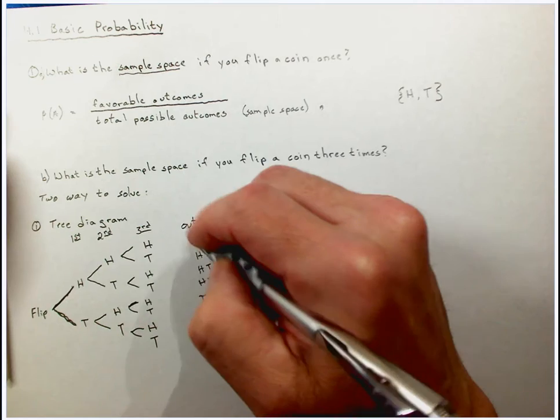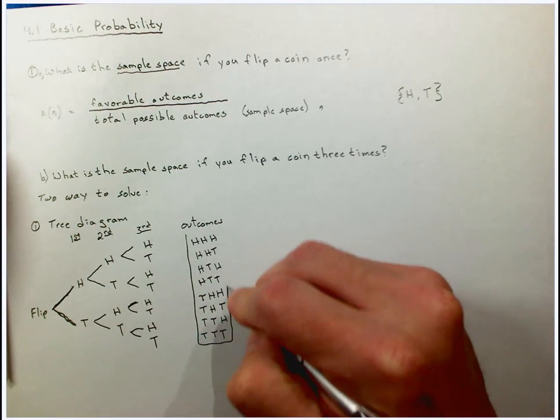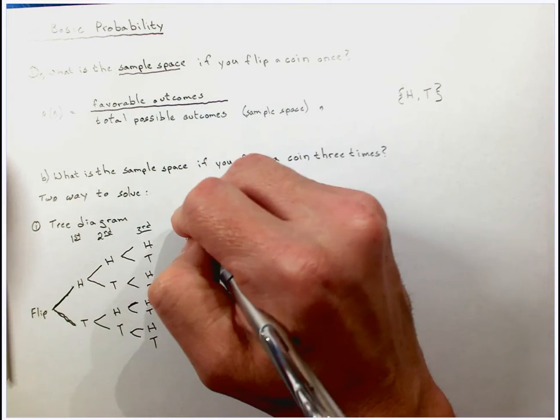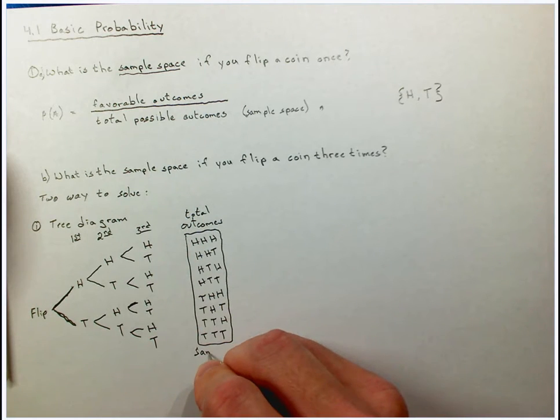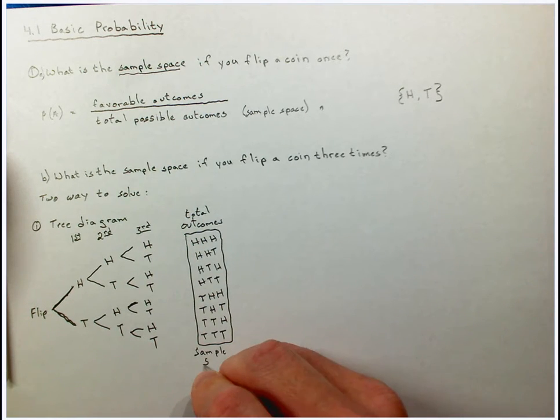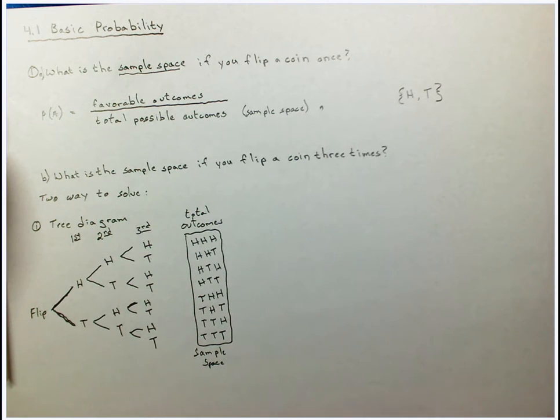So that's the first way, and these are my total outcomes. This is my sample space for what I'm looking at.